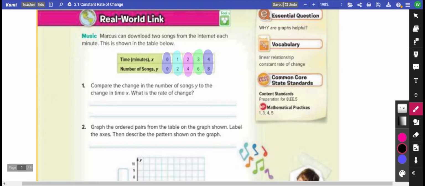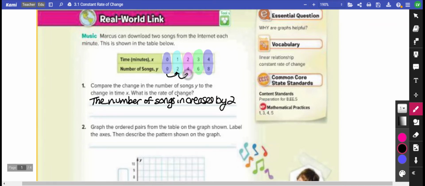Well, the number of songs increases by 2. I know that because it goes from 0 to 2, 2 to 4, 4 to 6, 6 to 8. So it's going up by 2 every time.